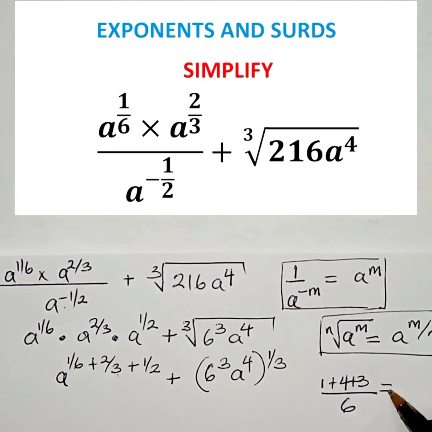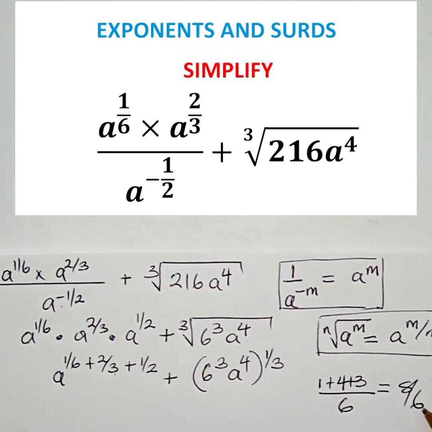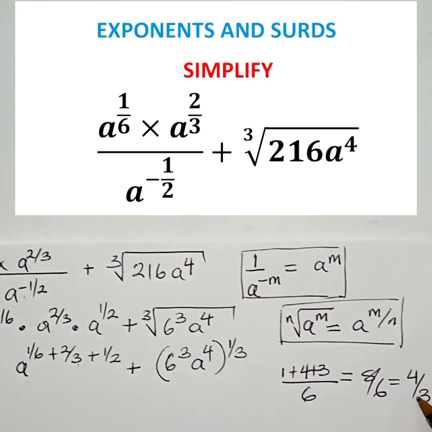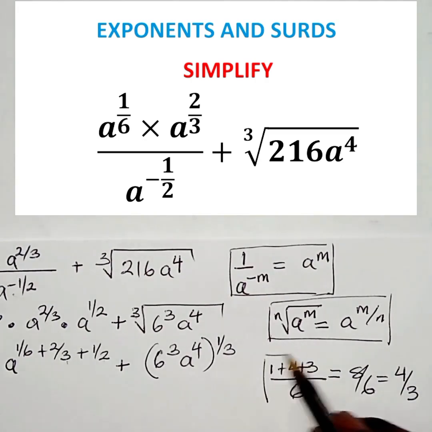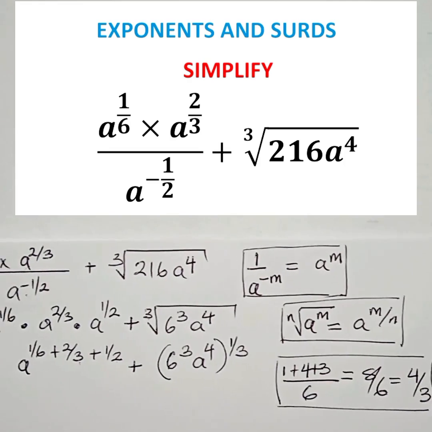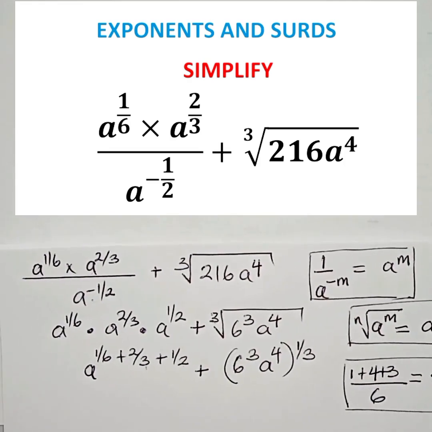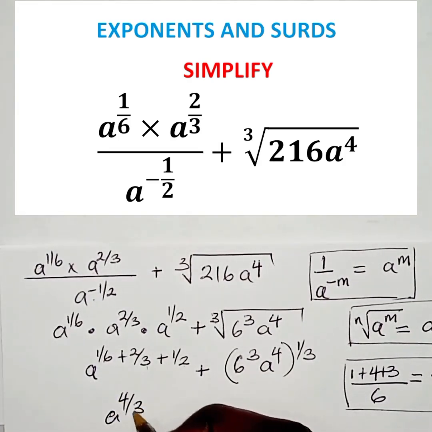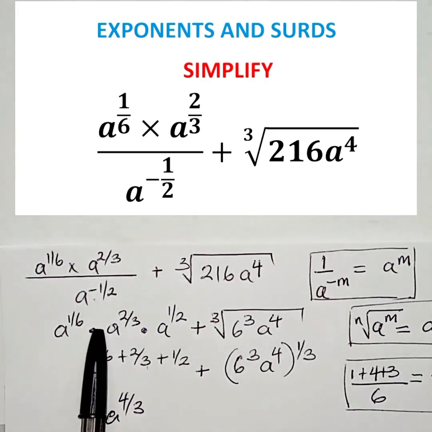So this is going to give us 8 over 6, and that is equal to 4 over 3. Okay, so we're going to put that on the power of a, 4 over 3. So we are going to say a to the power 4 over 3. So this part is done.